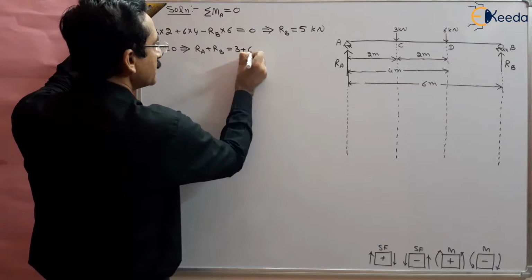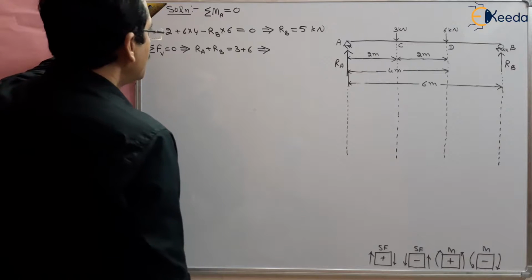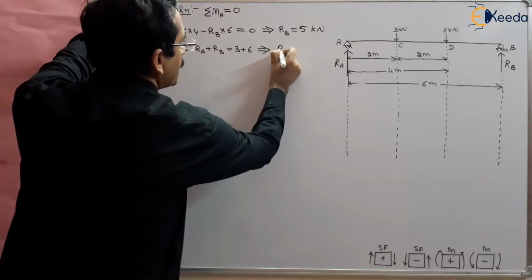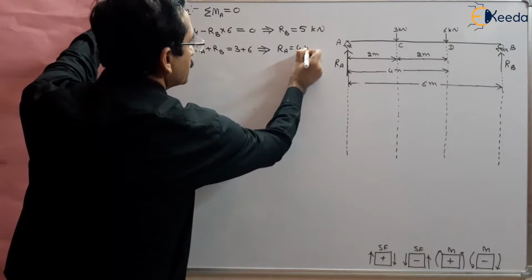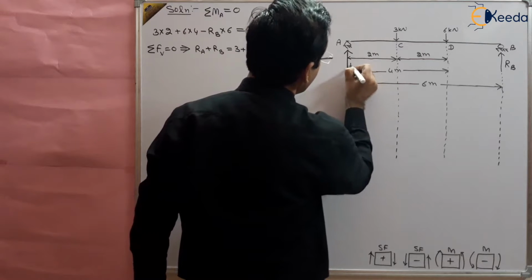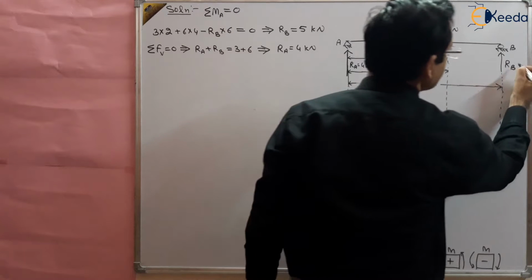So RA plus RB should be equal to 3 plus 6, which is 9. And if RB is 5, then RA should be 4. So we have got RA equal to 4 kilonewton and RB as 5 kilonewton.